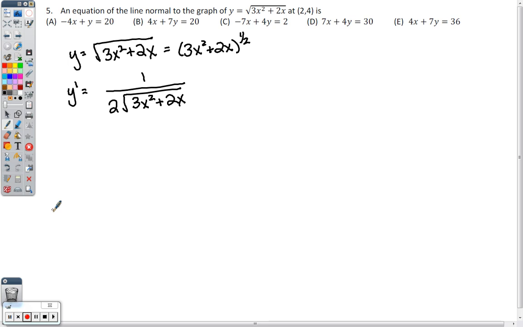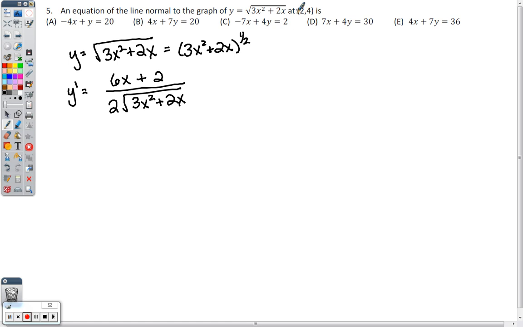One of those good things to have kind of memorized. And then you have the chain rule, which you multiply over there, and it moves up to the top, and we get 6x plus 2. All right. So that gives us the derivative.